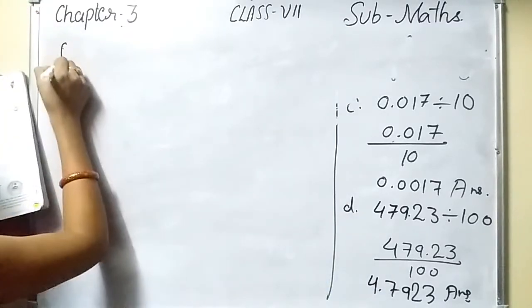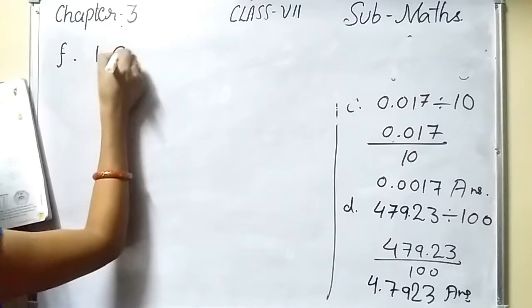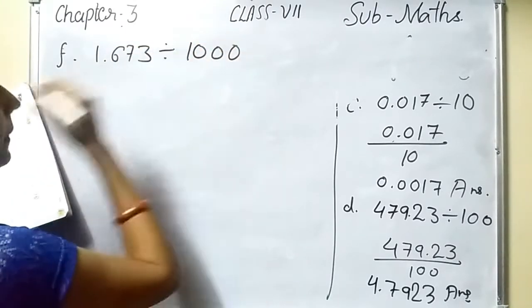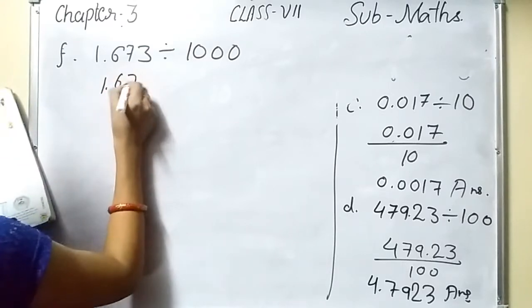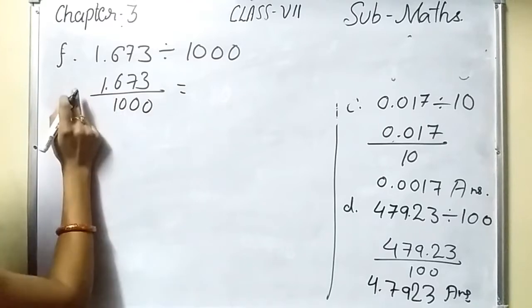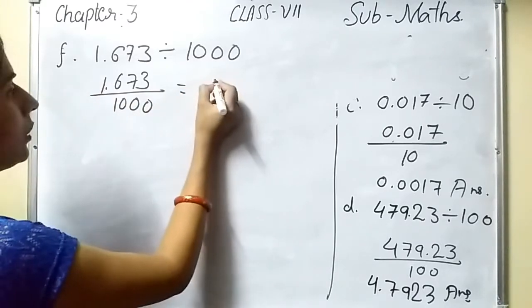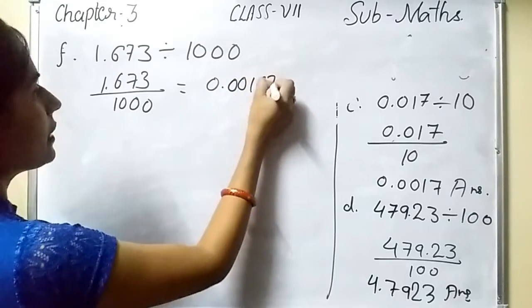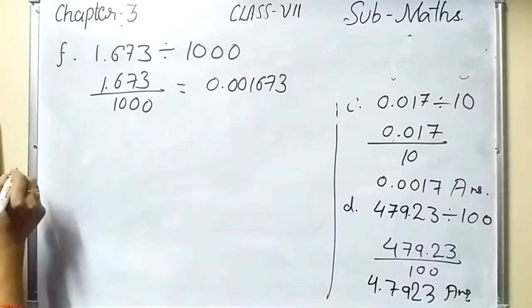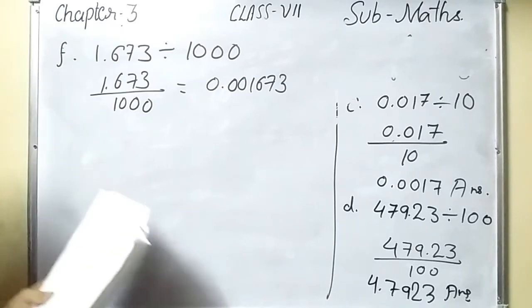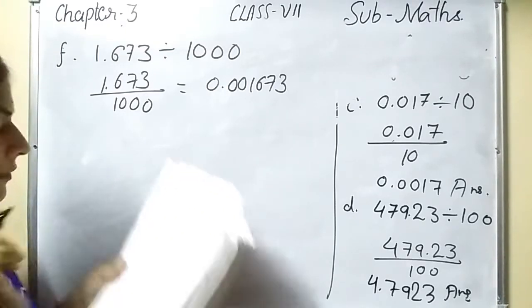Now F: 1.673 divided by 1000. There are 3 zeros, so move your point 3 places before. 0.001673. G and H are also similar, you can do them.